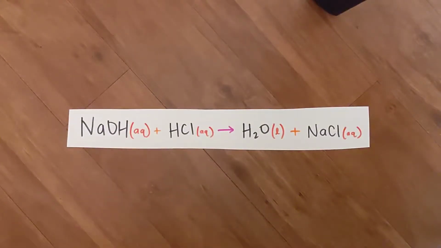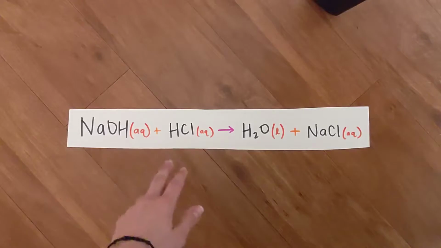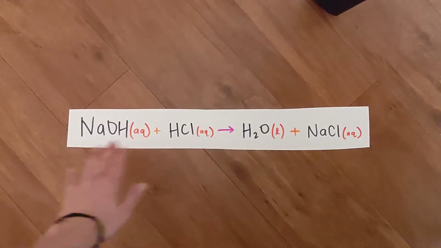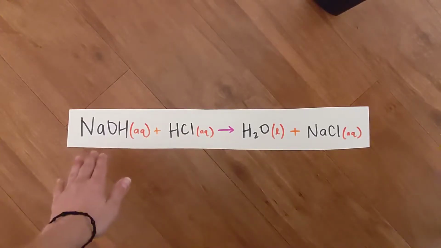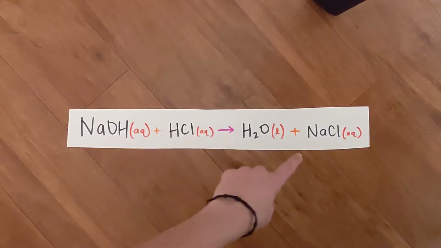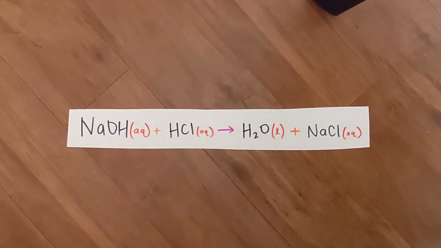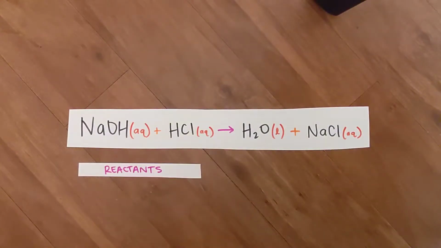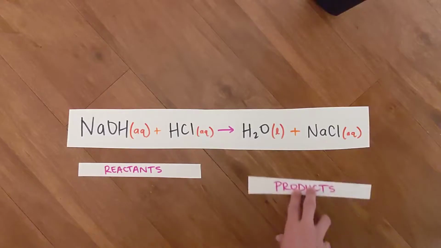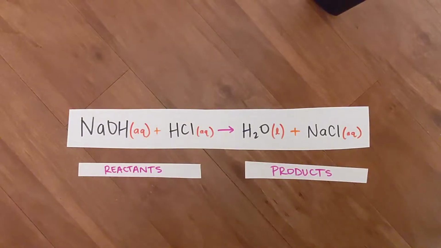Just like in the previous example, I have my symbols for the elements, and they're making compounds here. So I see NaOH plus HCl yields water plus NaCl. Just like in the previous example, everything to the left of the arrow is a reactant, and everything to the right is a product.